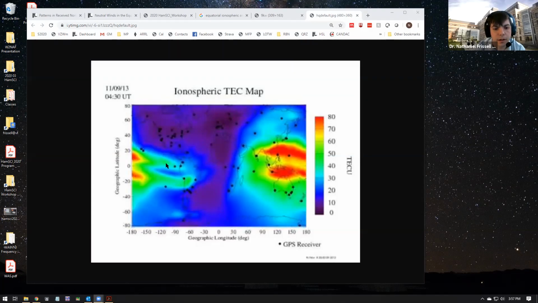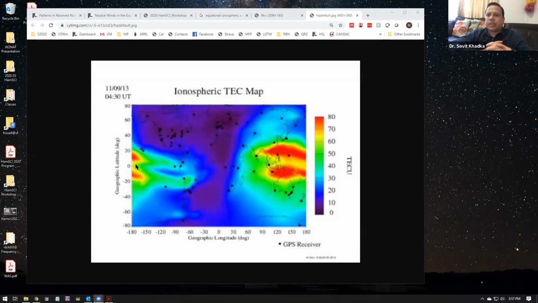Yeah. So just for people who may not be quite as familiar, you would naively think that if the ionosphere is caused by ultraviolet energy from the sun hitting the neutral atmosphere, the highest densities in the ionosphere would be right at the equator.